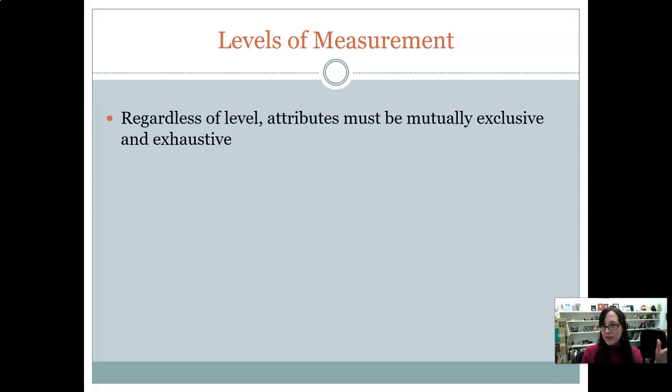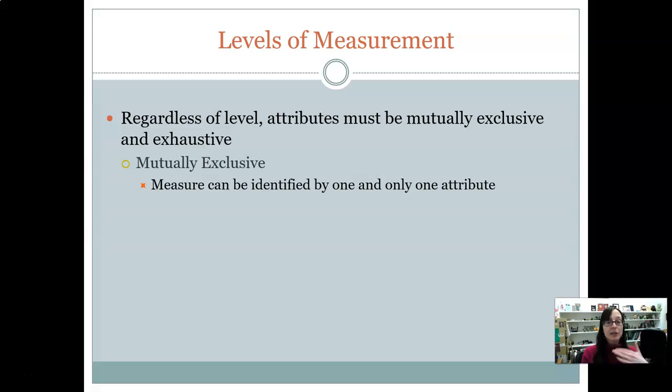And regardless of the level of measurement, you have to remember that the values of your variable have to be mutually exclusive and exhaustive. So those attributes have to be mutually exclusive, meaning that everybody can only fit in one spot. For example, using a variable of age, instead of just letting people say what their age was, you had categories, so you had boxes to check.